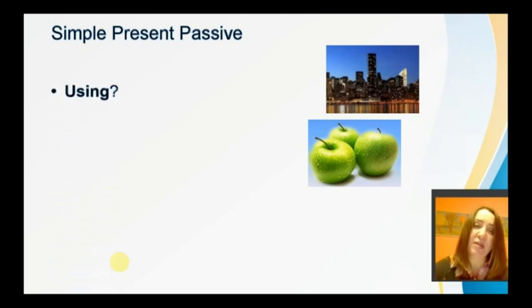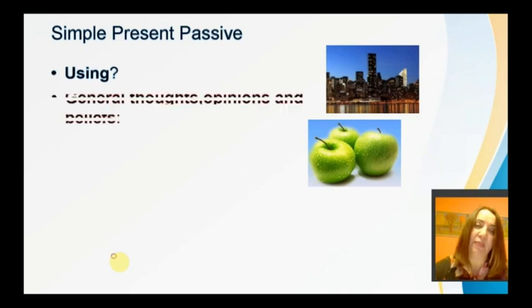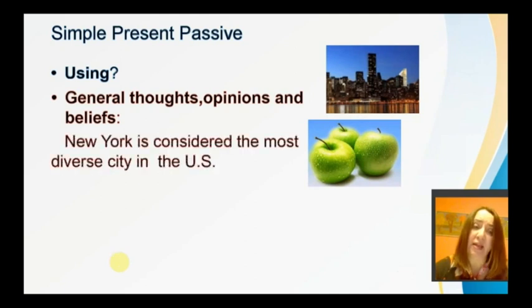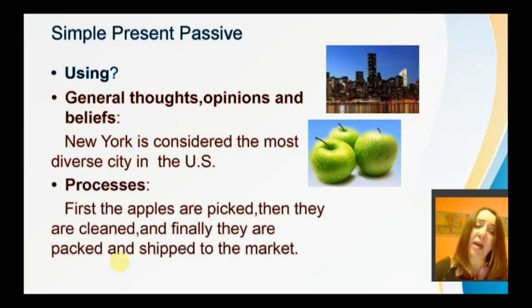When do we use simple present passive? We use it in general thoughts, opinions, and beliefs, like New York is considered the most diverse city in the US, or processes. First the apples are picked, then they are cleaned, and finally they are packed and shipped to the market, and they are ready for shopping and eating.